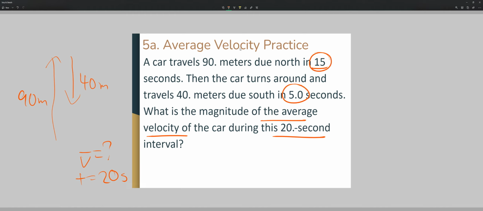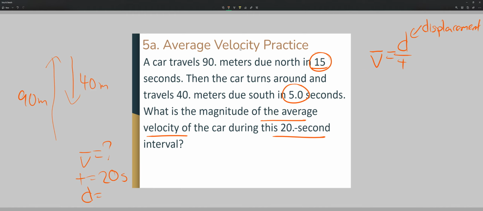The thing you're missing here is D. But since the problem is asking you what is your average velocity, they want to know what your average velocity is. Well, we're actually looking for displacement. What is my displacement here, right?